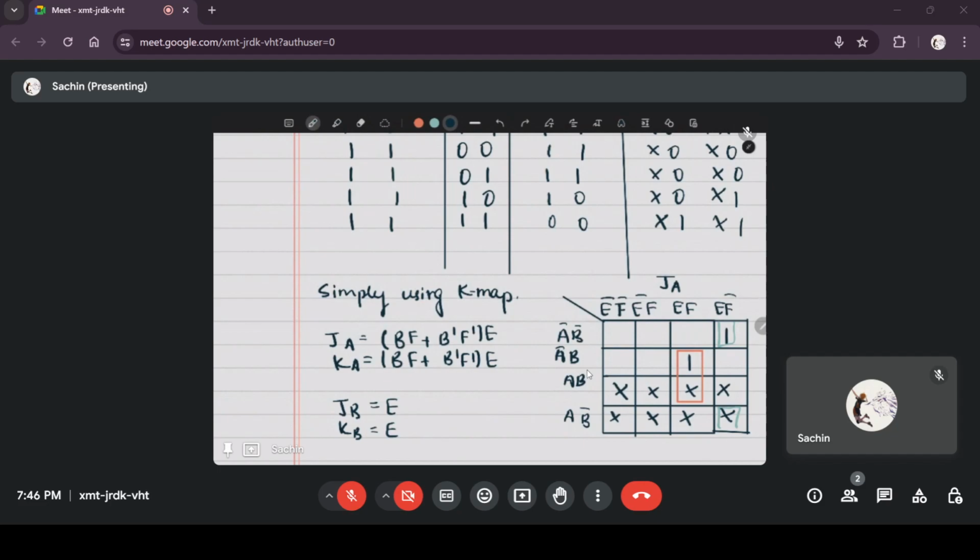In the end, this x will come here and this 1 will come here, this x will go here and that 1 will come here. So the pairing doesn't change. You'll have the same pairs. That's why you have the same boolean expression for both of them, J and K.